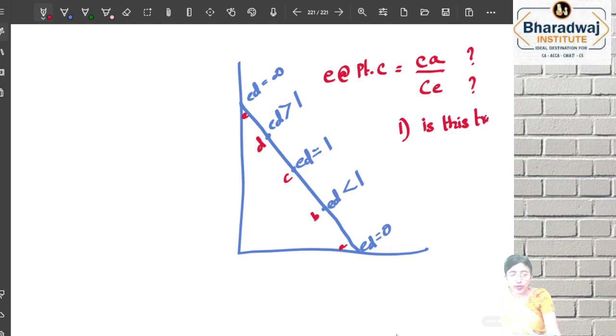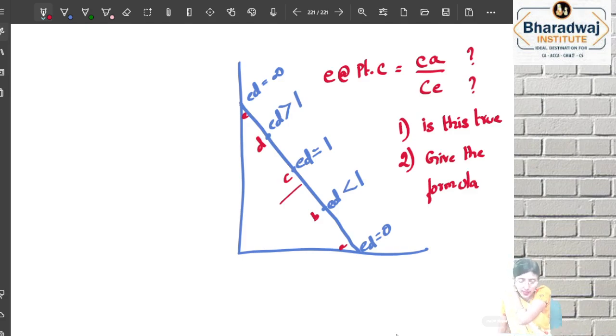If not, you have to write what is the correct one. If you feel it is true, what will come in the place of CA, what will come in the place of CE? Give the formula. Measuring elasticity at a point. The point we have chosen is C for our example and exercise.